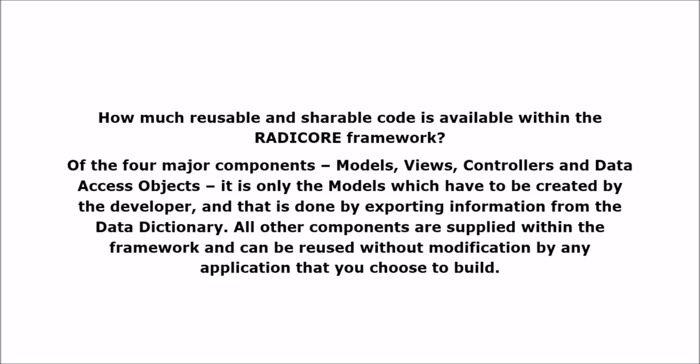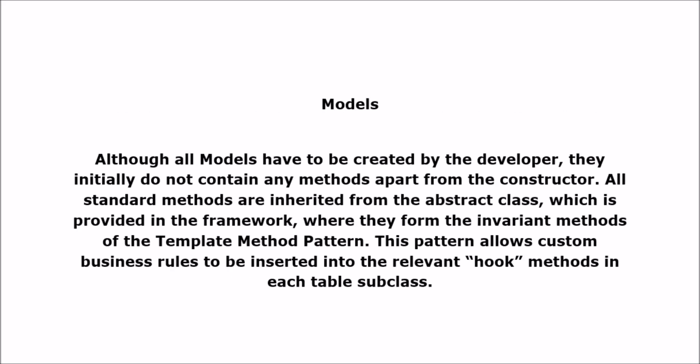Of the four major components, models, views, controllers, and data access objects, it is only the models which have to be created by the developer, and that is done by exporting information from the data dictionary. All other components are supplied within the framework and can be reused without any modification by any application that you choose to build.